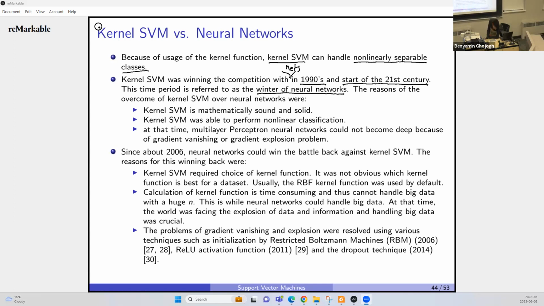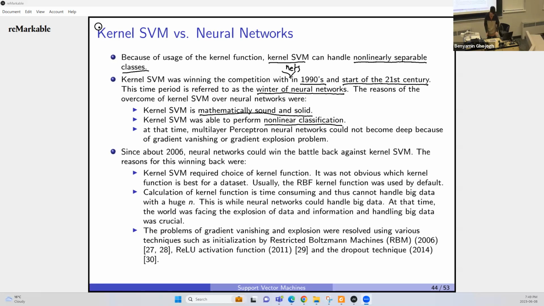So the reasons of this overcome of kernel SVM over neural networks was this. First, kernel SVM was mathematically sound and solid. Whenever you propose something and it is mathematically sound and solid, you are very sure about it, and people usually respect you because of that algorithm. Okay. Kernel SVM was able to perform nonlinear classification.